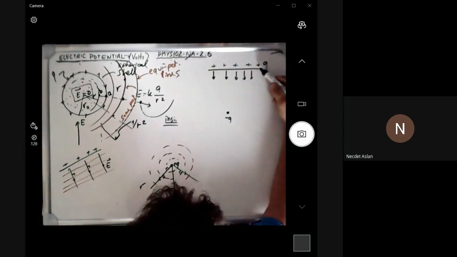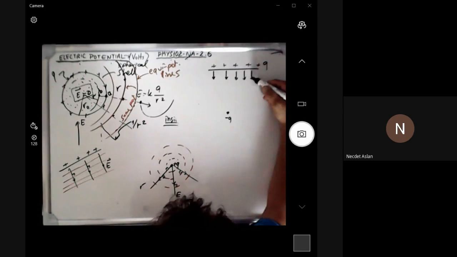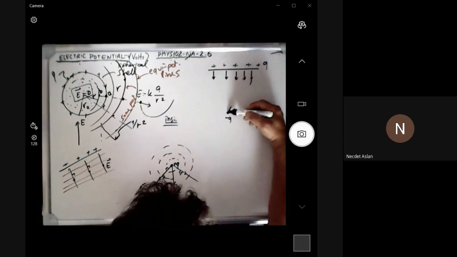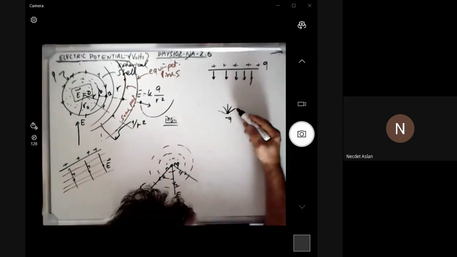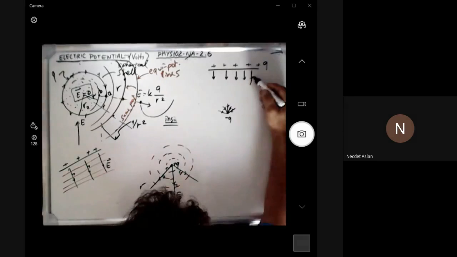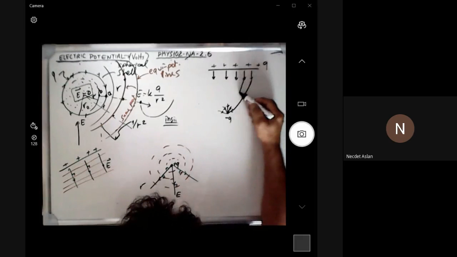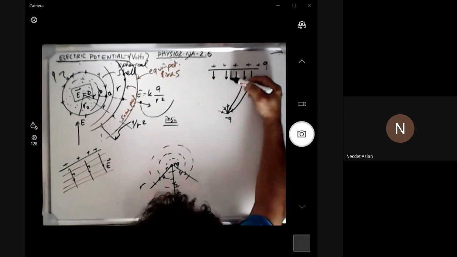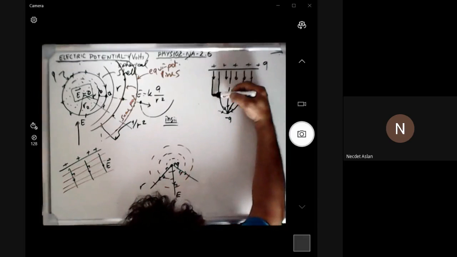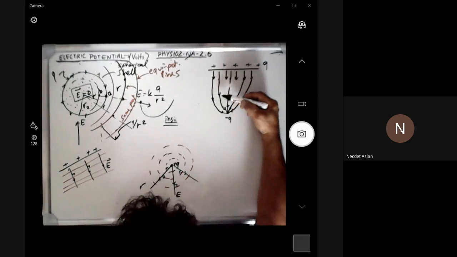But as they move in space, they will be caught by these lines, because this charge has electric field lines which are coming towards itself. So this catches that, and this catches that, and probably this one catches that one. And as you see, there will be some curvature in the electric field lines.